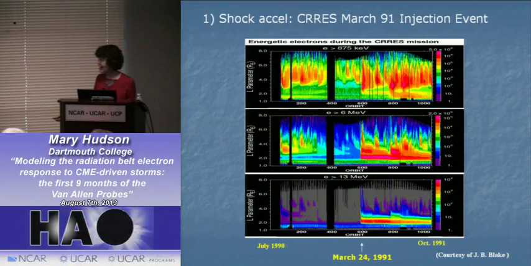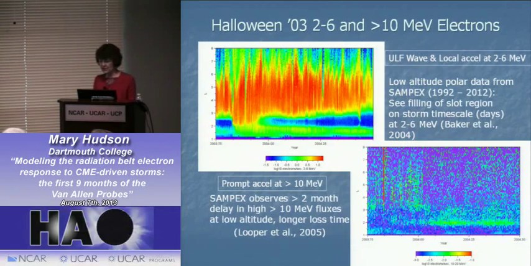It's like before and after, and that occurred on a drift time scale of an electron. And at these energies, that's like a couple minutes. And so that was the first event that really got our attention, that you could really drastically change the outer zone on the time scale of a couple of minutes. This is the entire 14-month lifetime of CRRES. So we've seen that kind of effect since then.